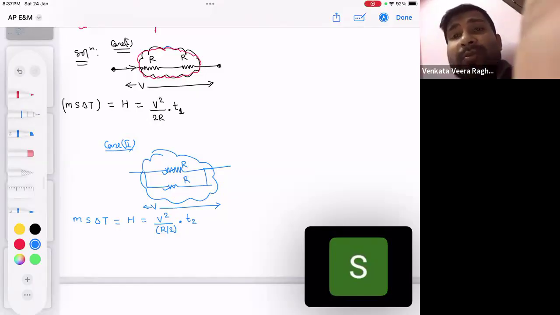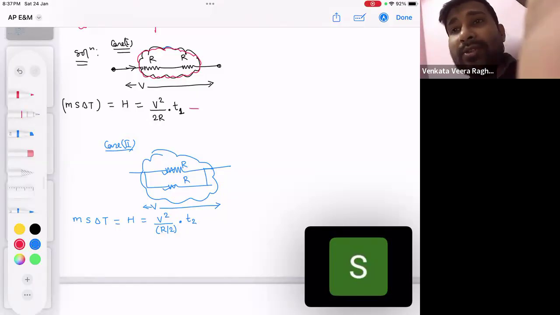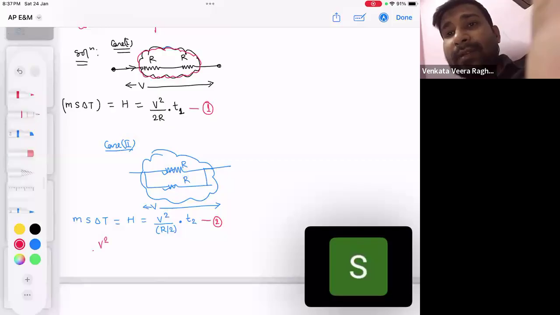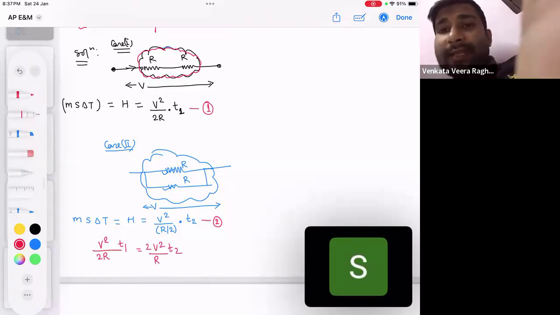How much time has it taken? T2 time. Now in case 1 and 2, am I going to generate the same amount of heat? Let's compare. The comparison will become V square by 2R into T1 equal to V square by R by 2 into T2. V square gets cancelled out.